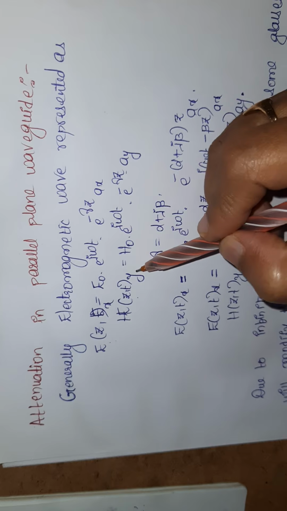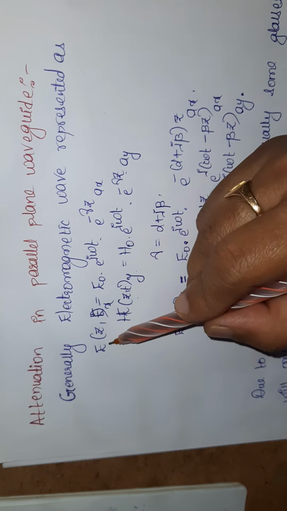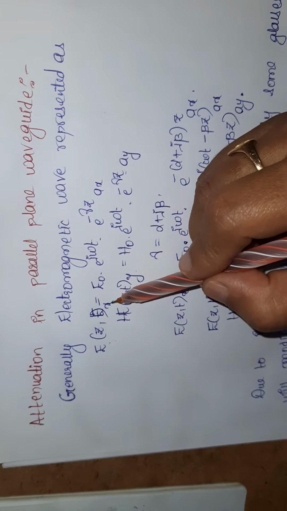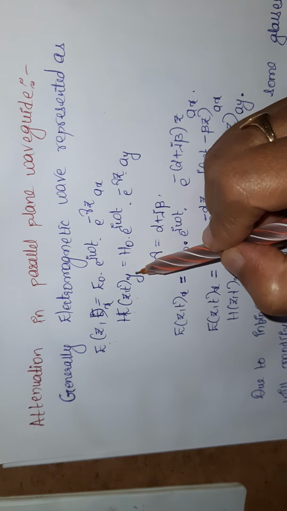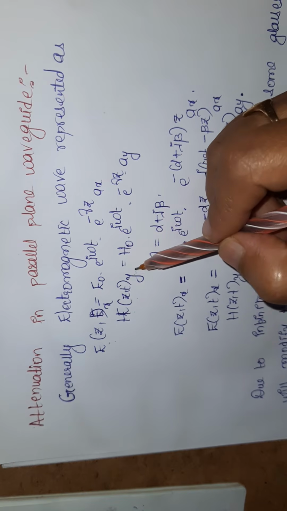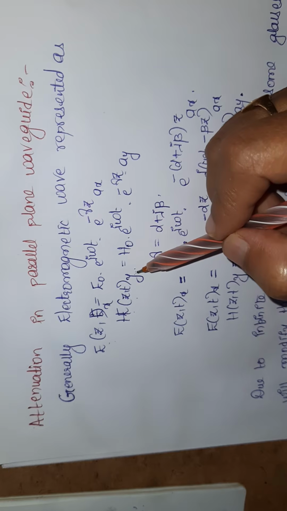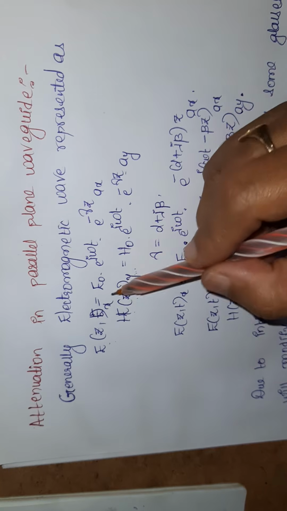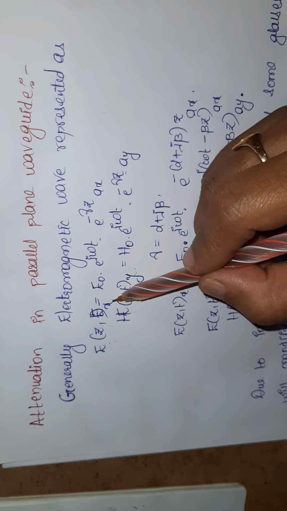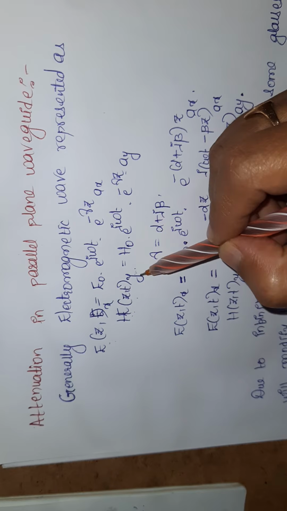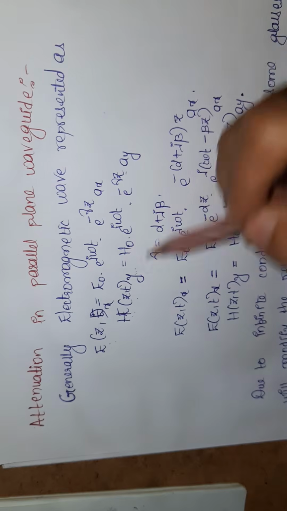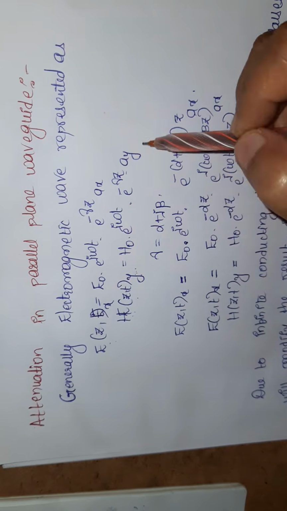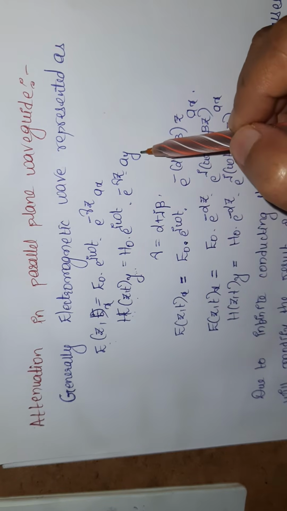Similarly H along the y direction: electric field intensity along the x direction, magnetic field intensity along the y direction. These are the basic transverse nature of electromagnetic waves. Electric field along x, magnetic field along y, and the wave propagates along the z direction. This is the general representation of any electromagnetic wave.